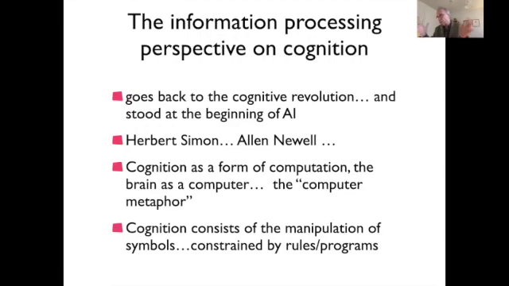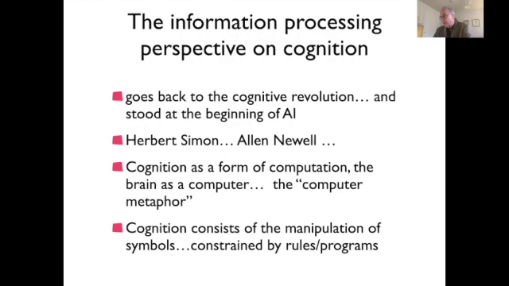But I think it's somewhat useful to have this notion of computational, algorithmic, and implementation to sort of order some of these approaches. So I want to talk about information processing, connectionism briefly, computational neuroscience, and then I'll close by talking a little bit about neural processing accounts.